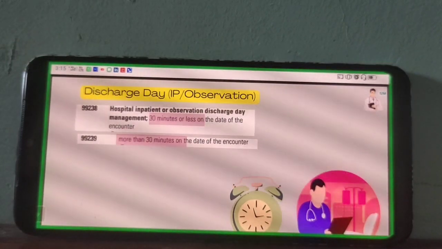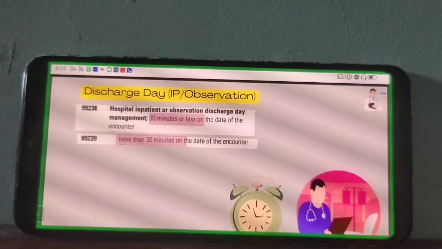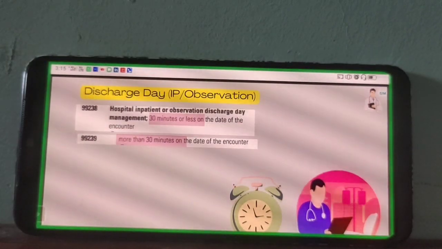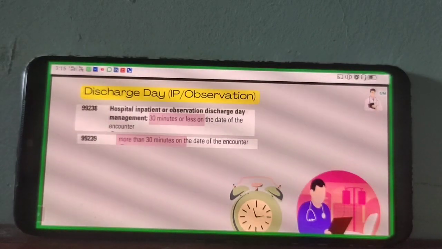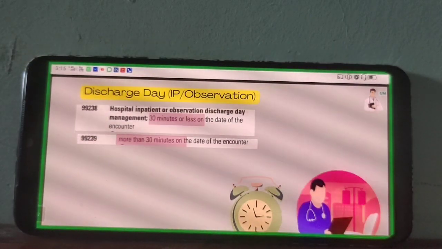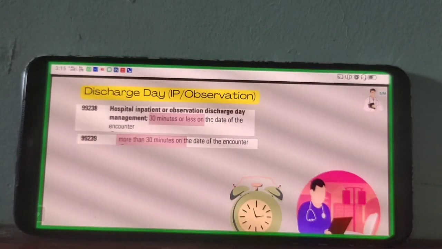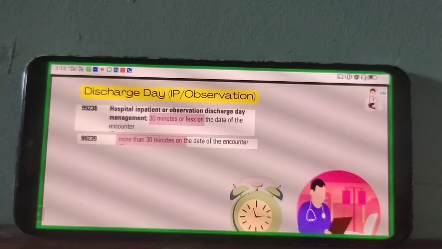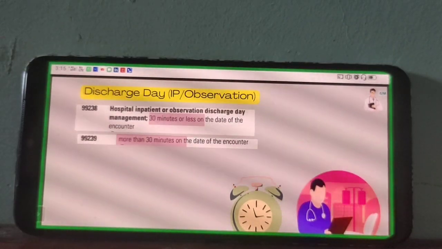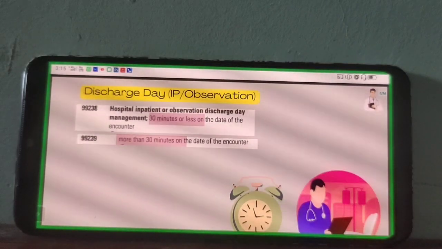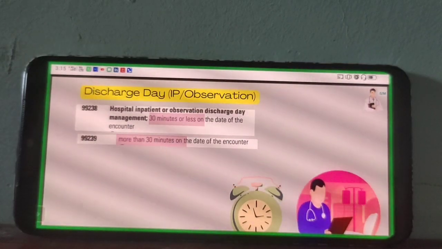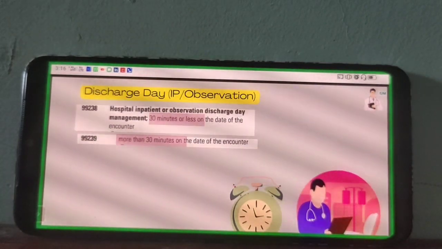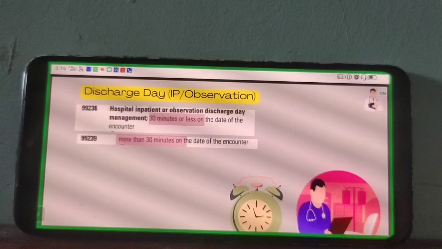If the discharge time is not mentioned in your document, that is, how much time the doctor spent to discharge the patient, then we have to report the code for the lesser time.